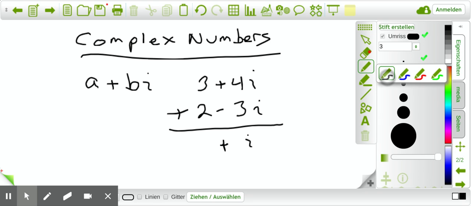It's going to give me 5. So my answer there is 5 plus i when I add these two together.